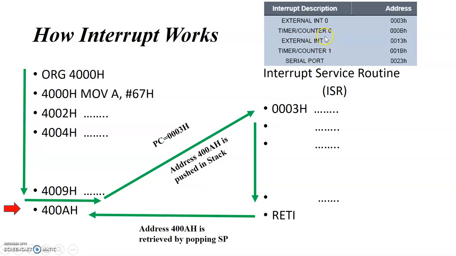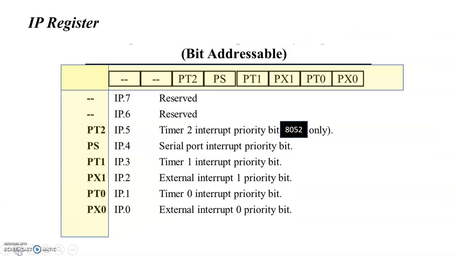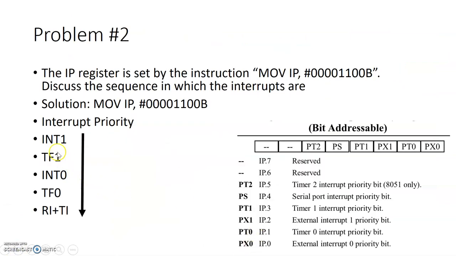INT1 and timer 1: INT1 comes before timer 1, so it has higher priority than timer 1. These two will have the same sequence, but they will move above INT0 and timer 0, because they have been given more priority. That is why they lie here, while INT0, then TF0, and then the serial port interrupts follow.